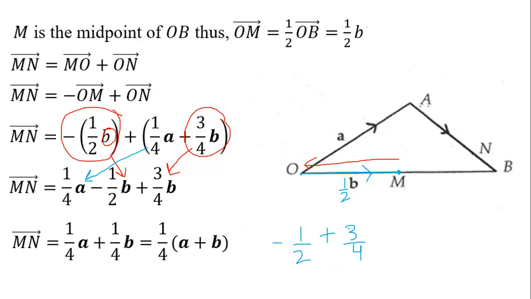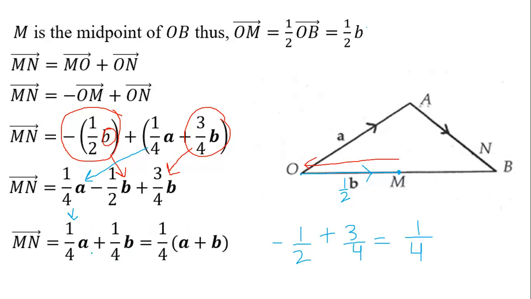So negative half B plus 3 over 4B equals 1 over 4B. And then we have 1 over 4A, we just bring it down, so 1 over 4A plus 1 over 4B.